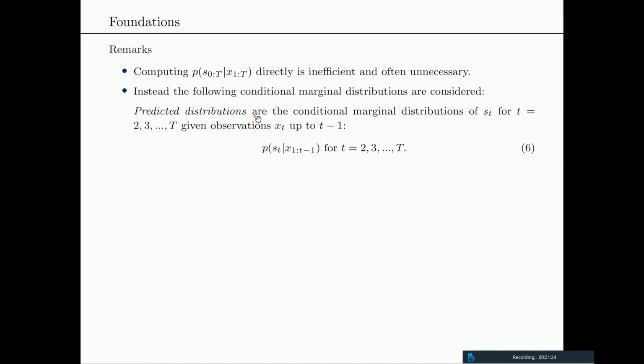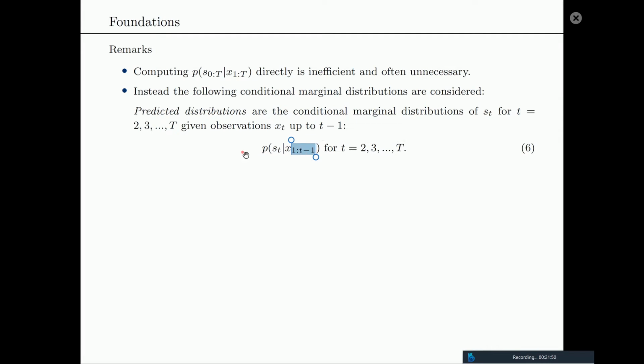Namely, first the predicted distributions, which are the conditional marginal distributions of S_t for t going from 2 to T, given observations x up to t minus 1. So one question is, what is the distribution over the state random vector given the observations from 1 up to t minus 1. That's called the predicted distribution.